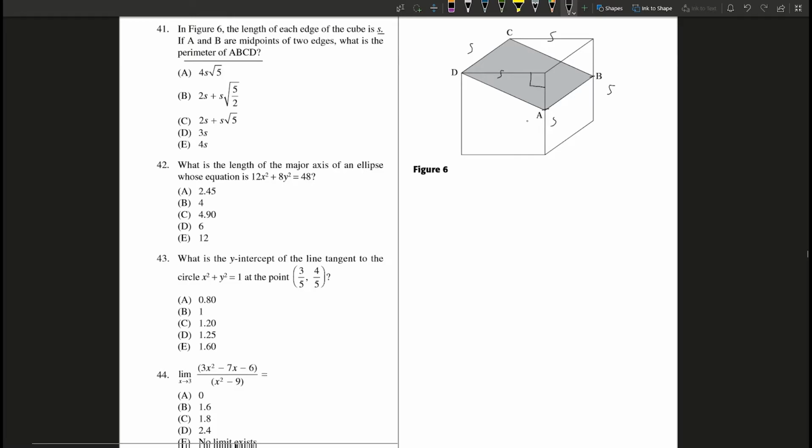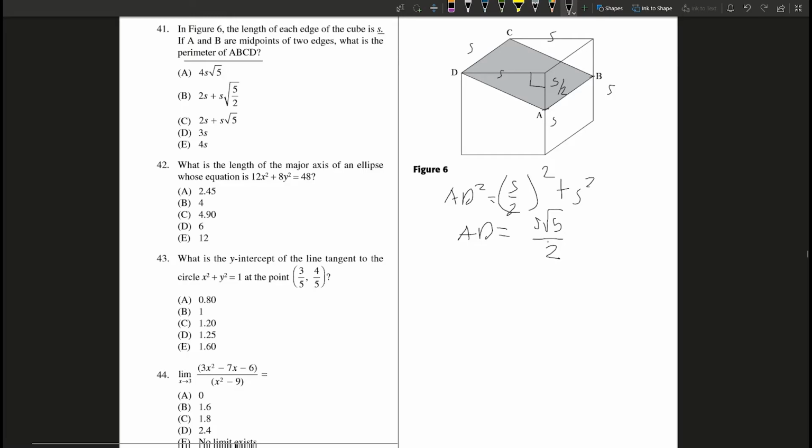And so using that, we can find the length of AD. We know that this is s, and we know that this is s over 2. By using the Pythagorean theorem, we have AD squared equals s over 2 squared plus s squared. So we know that AD is going to be equal to s root 5 over 2.